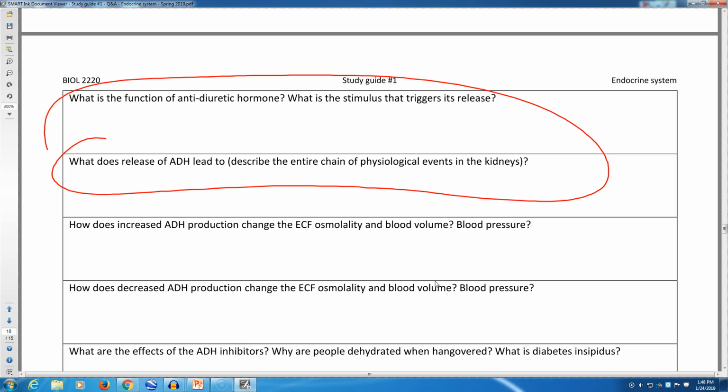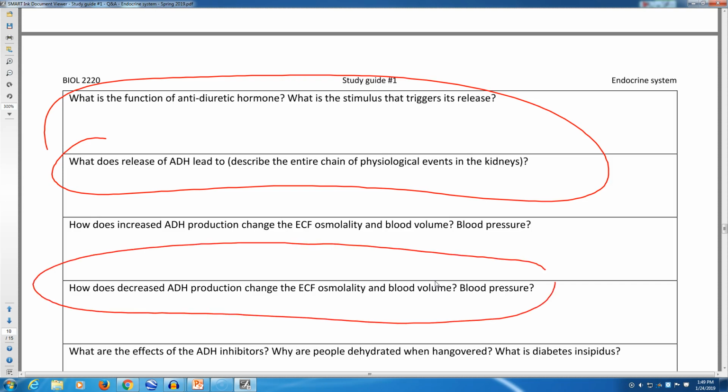In the meantime, when ADH is released, volume of your urine will become smaller, right? Does that make sense? And it becomes really concentrated because kidneys suck all the water out of the urine. Okay?